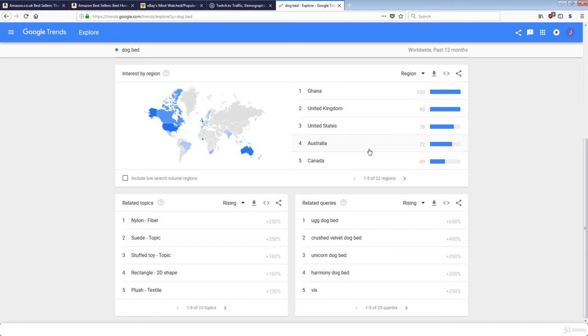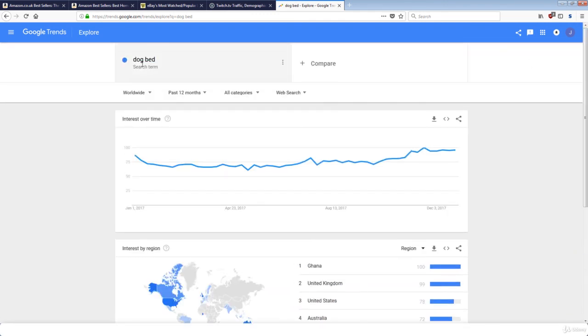Now that of course does not mean that you couldn't do well selling dog beds in the United States, Australia and Canada, because remember, this is all relative to the size of the population. And in any case, dog bed is quite a general term.